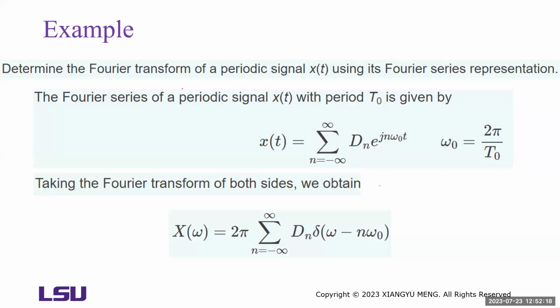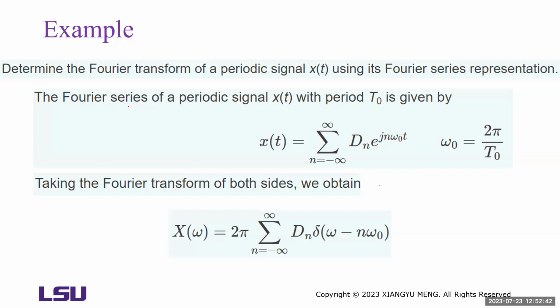This example is to determine the Fourier transform of a periodic signal x(t) using a Fourier series representation. We know a periodic signal with period T0 can be represented by the Fourier series.